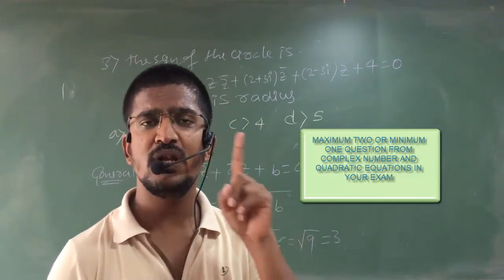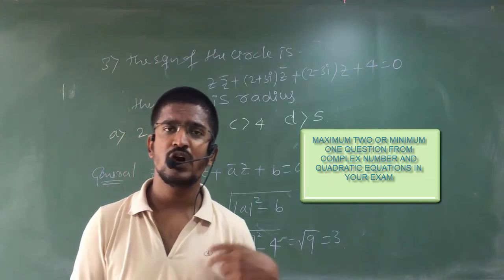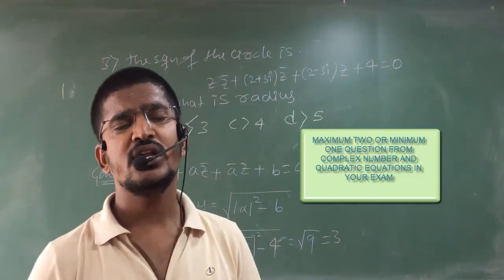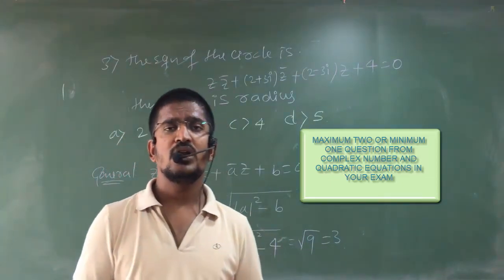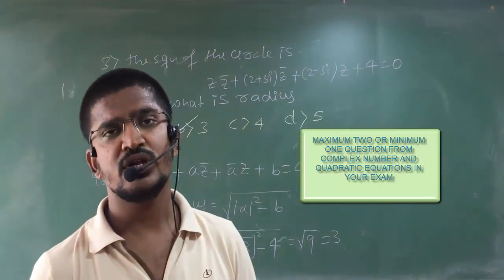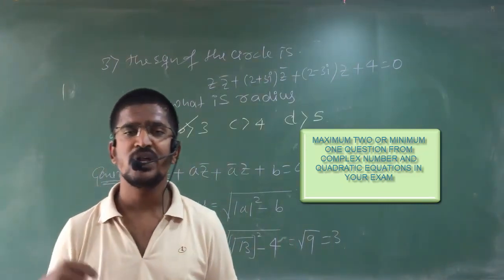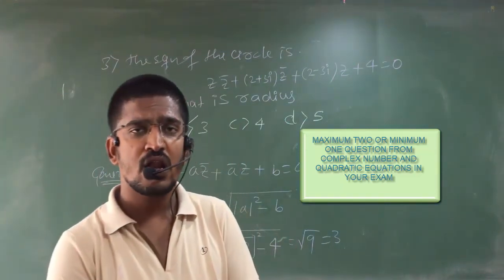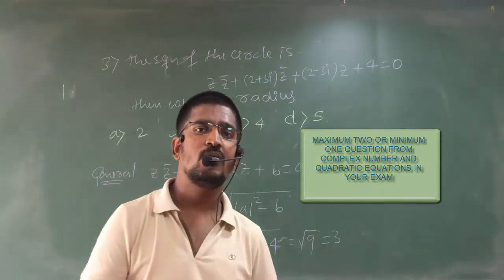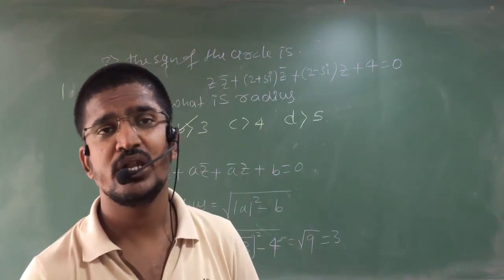If not, there will definitely be 1 question either from complex or from quadratic. If you get 2 questions, it is even better. But definitely minimum 1 question, maximum 2 questions. Sometimes they will ask 1 question from complex and 1 from quadratic. This is the pattern of these topics.